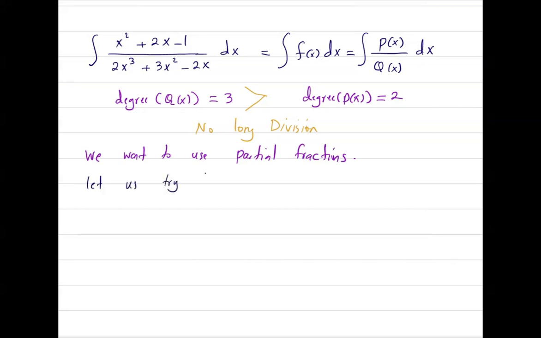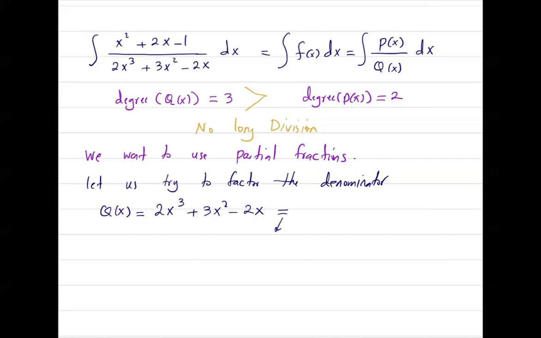Let us try to factor the denominator. Your denominator q of x is equal to 2x cubed plus 3x squared minus 2x. So obviously, first of all, you can factor out x. If you write x in front of parentheses 2x squared plus 3x minus 2, now you have a quadratic expression to work with.